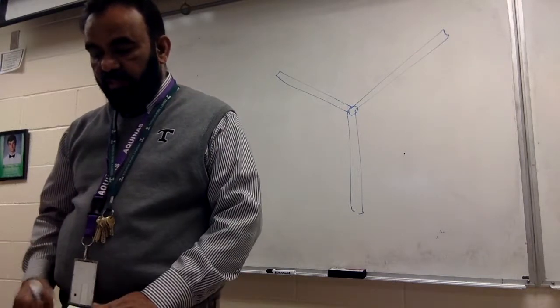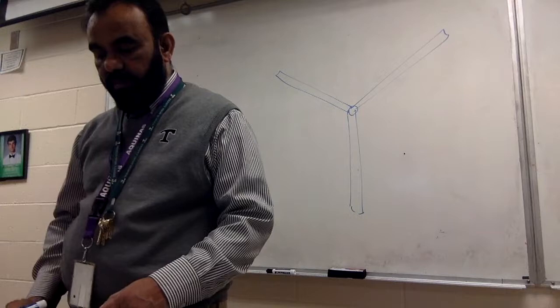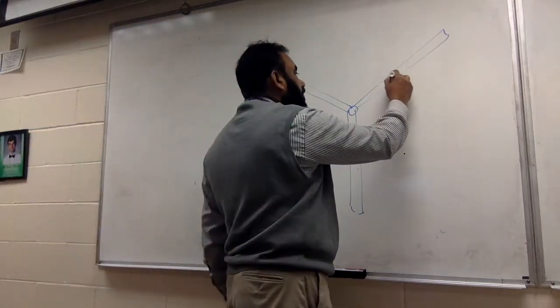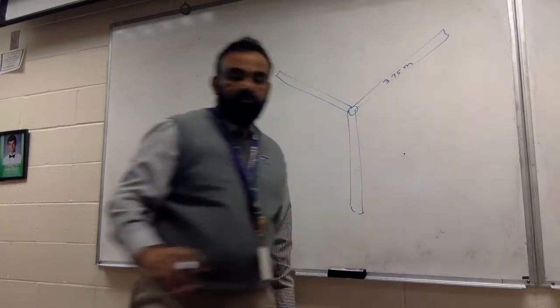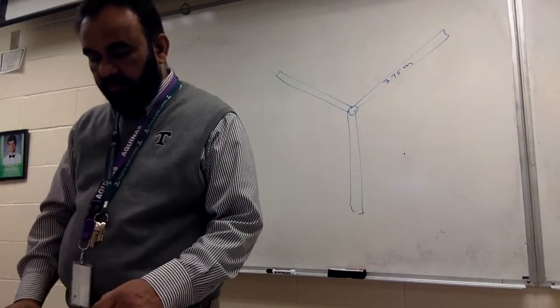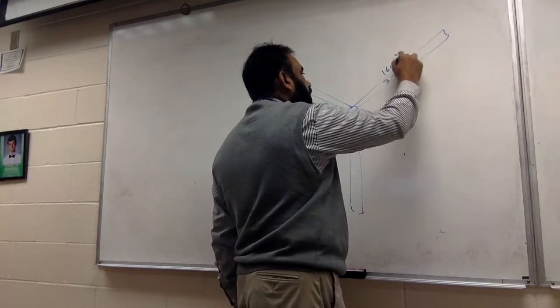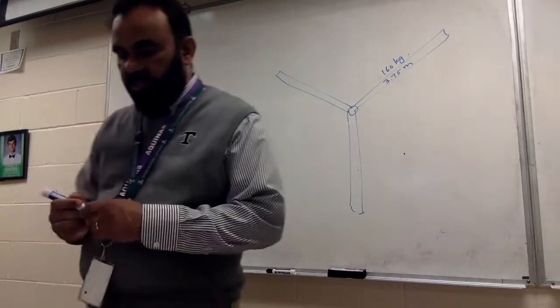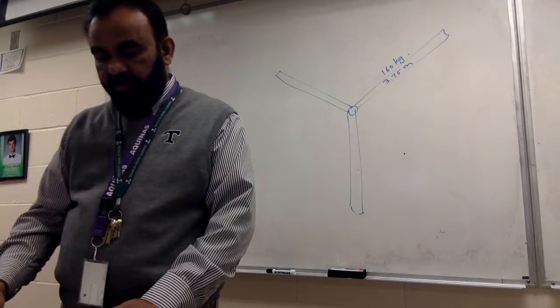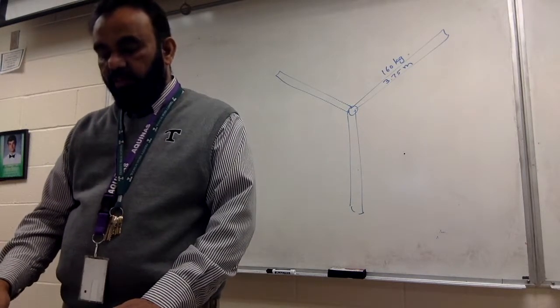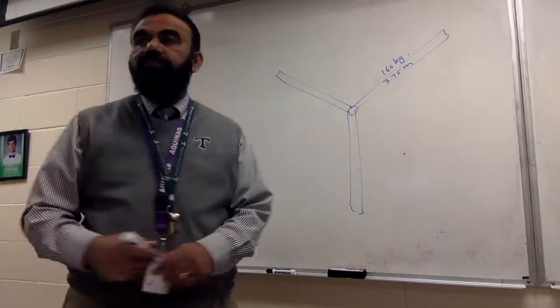If each of the three rotor blades is 3.75 meters long and has a mass of 160 kilograms, so each one is 160 kilograms and 3.75 meters long, calculate the moment of inertia of the 3 rotor blades about the axis of rotation.